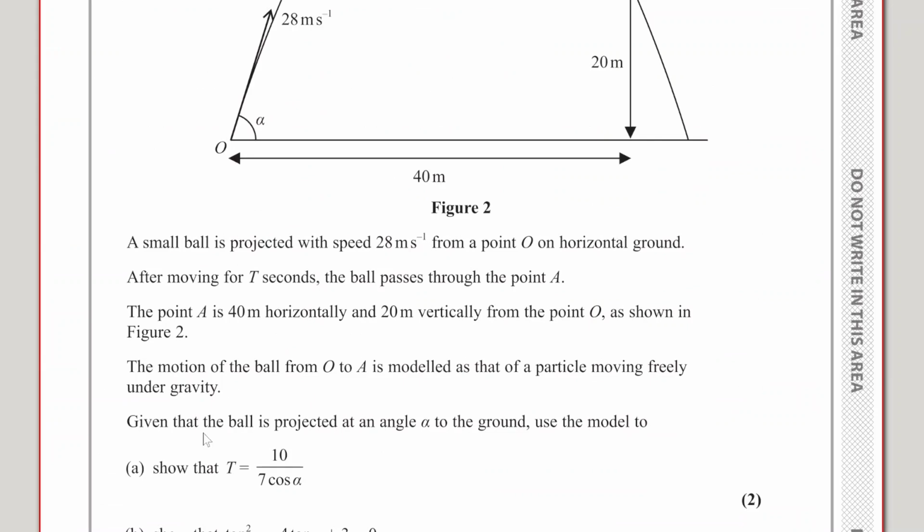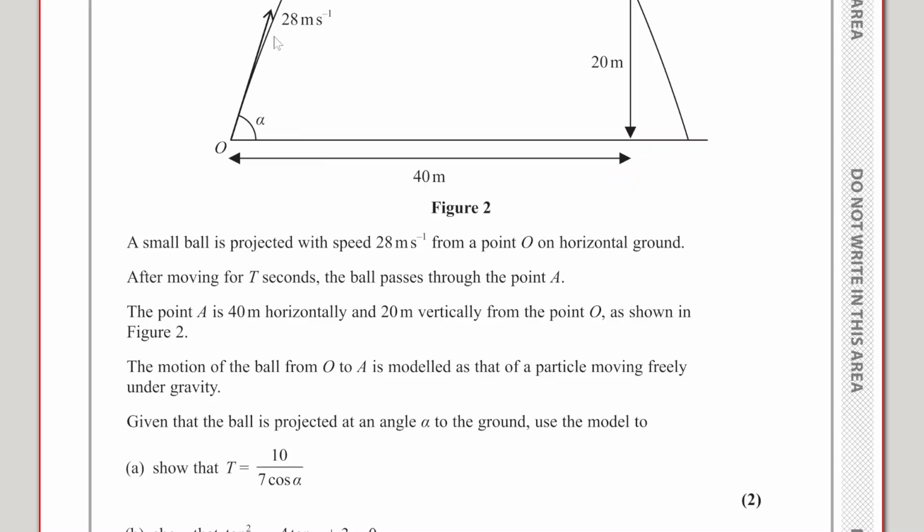So for the horizontal motion, SUVAT. So horizontally, the displacement was 40 and the initial was 28 cos alpha. So the horizontal component, 28 cos alpha, the vertical 28 sine alpha.